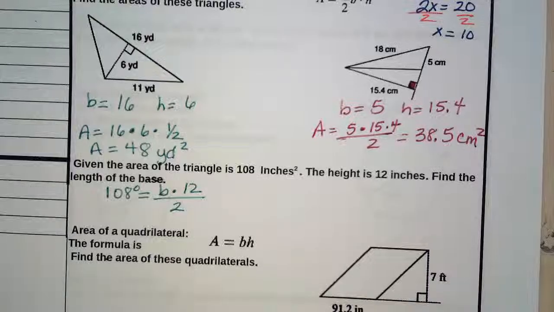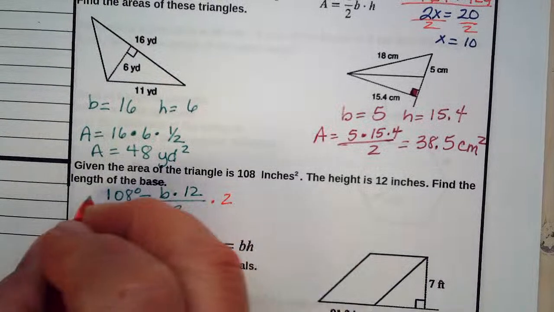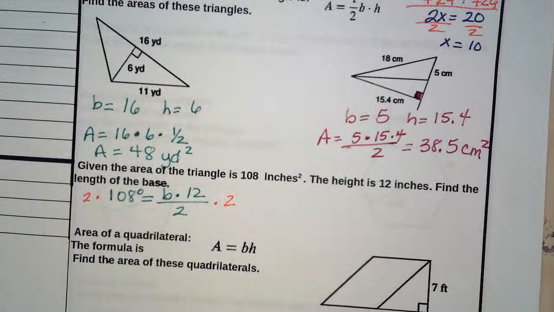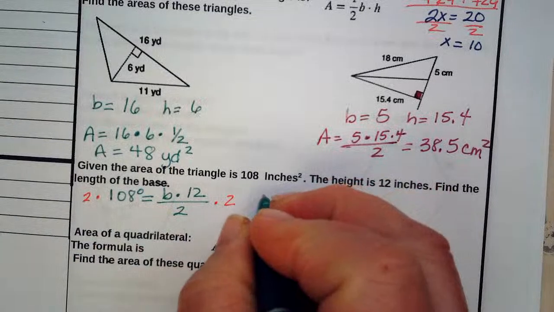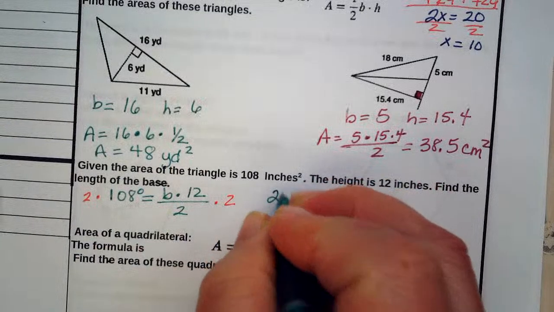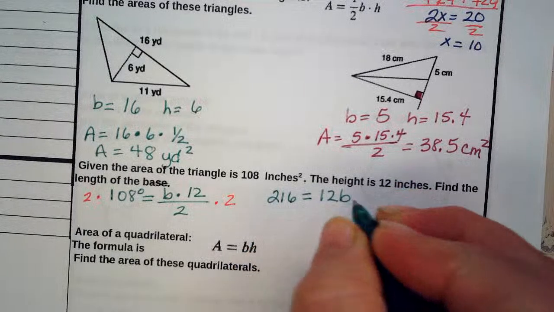If I want to get rid of my fraction, I'm going to multiply both sides by 2. 108 times 2 would be 216, and that will equal 12b.